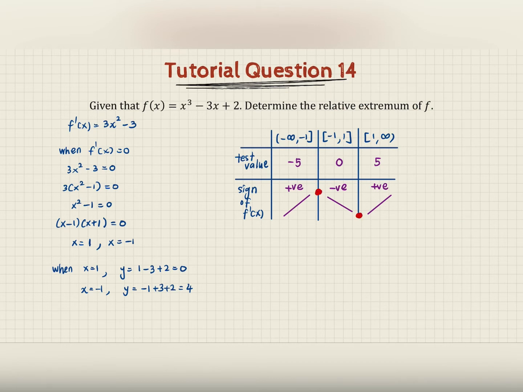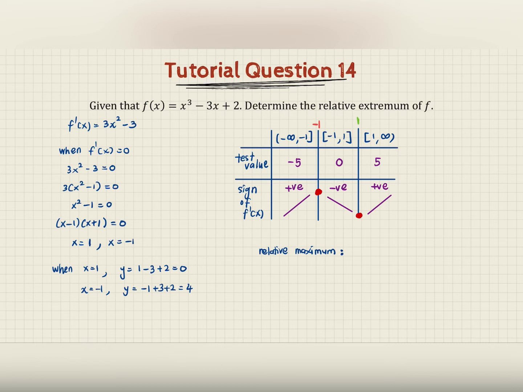Okay, so that means dekat value negative 1 ni, okay, ataupun saya tulis kat sini lah, negative 1 kat sini, dan kita ada 1 kat sini kan. Okay, so dekat negative 1 tersebut kita akan dapat a maximum value lah. So kat sini saya akan beritahu the relative maximum will be berapa ya?